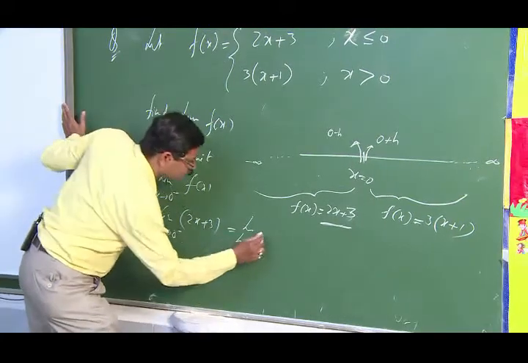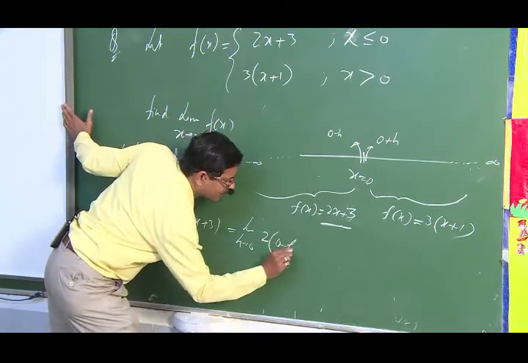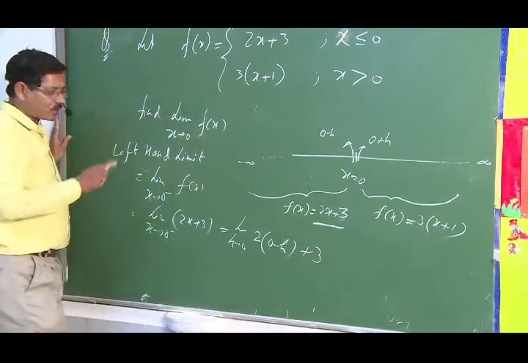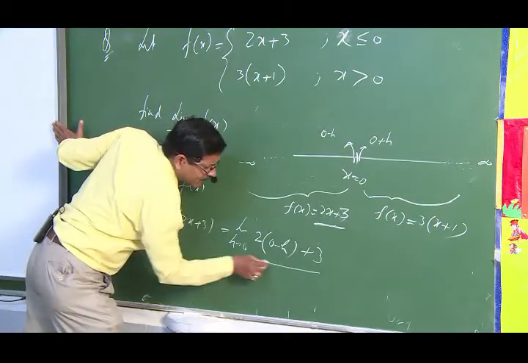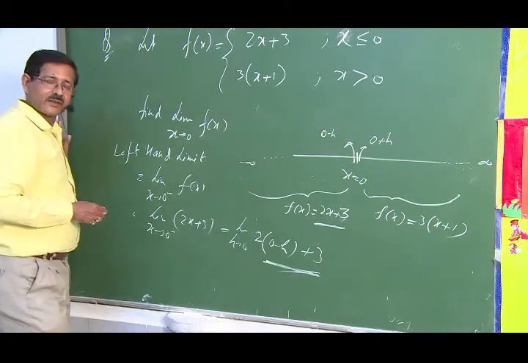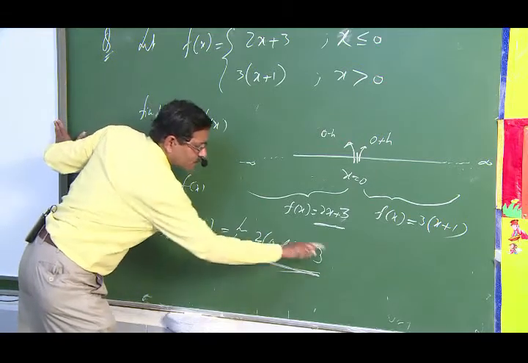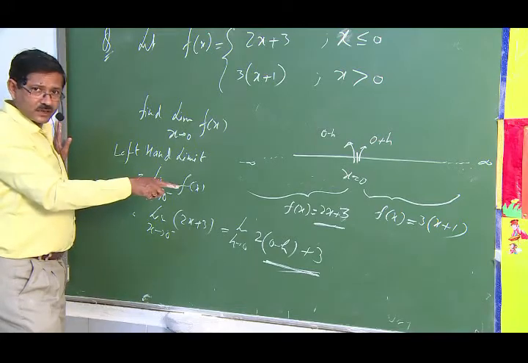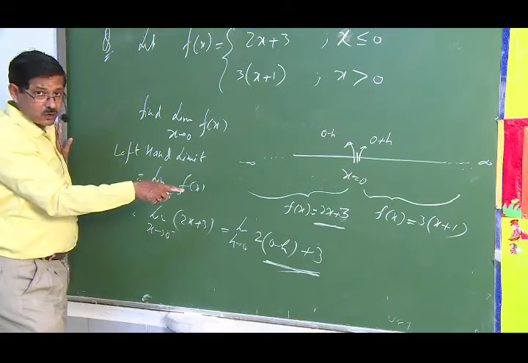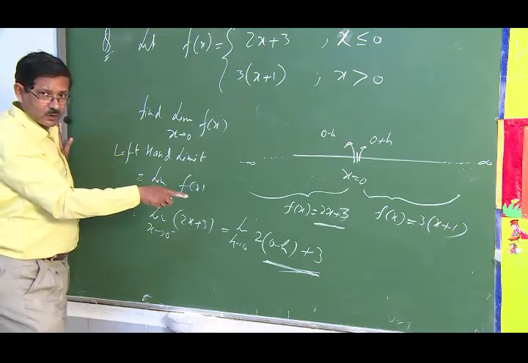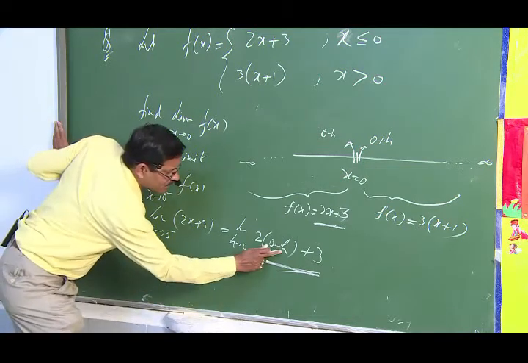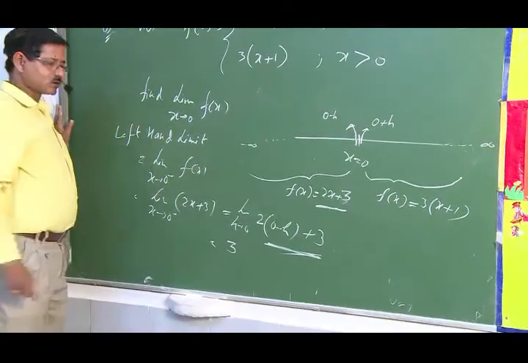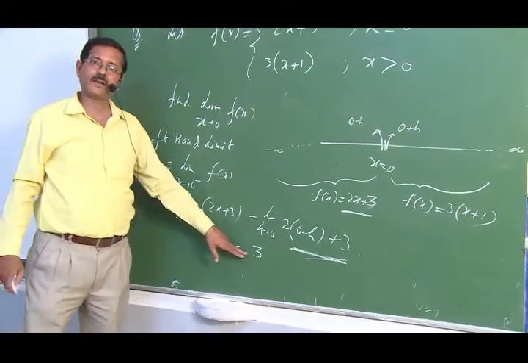Now this is 2 times (0 minus h) plus 3. Check whether this expression is 0 by 0 or not. Put h equal to 0 here, you will get 3, which is not meaningless. So this is the left hand limiting value.